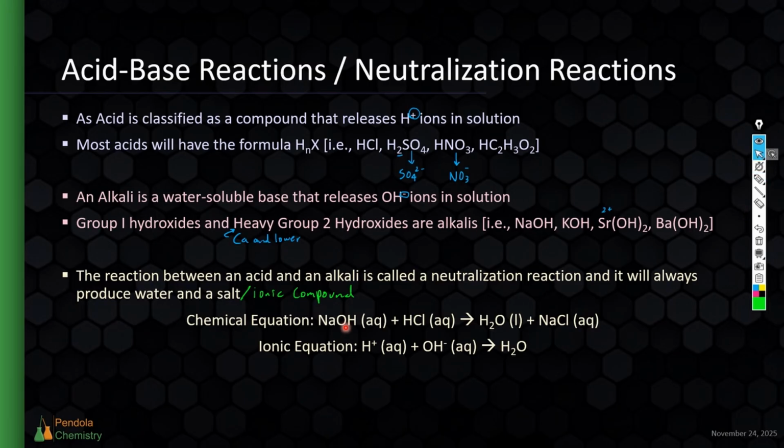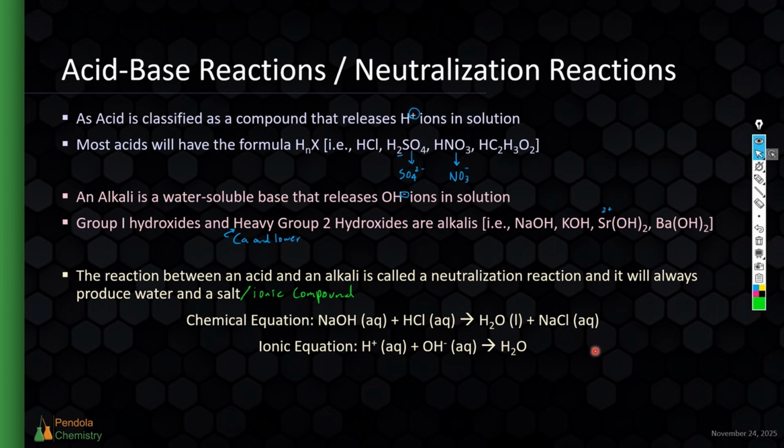Let's take the most common one, the one you will see all the time, the reaction between sodium hydroxide and hydrochloric acid. The hydroxide from the base will react with the hydrogen from the acid, and together they will always make water.